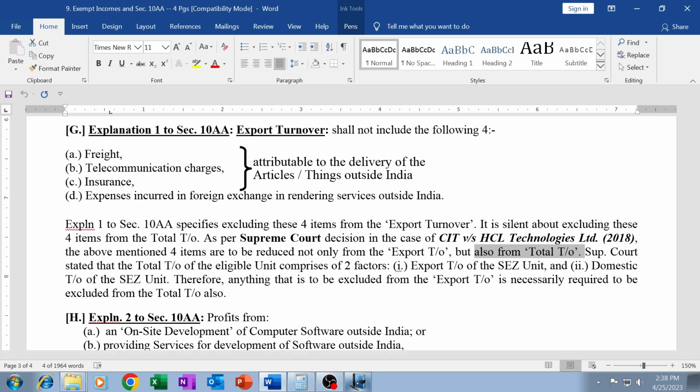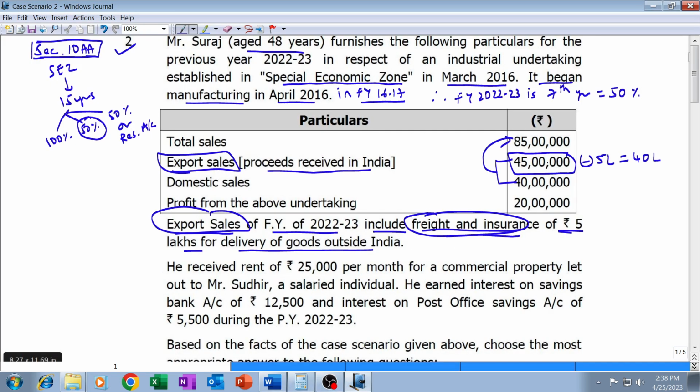Why? Because whatever is forming part of export sales or export turnover is a part of total sales also. If you observe, 85 lakh includes 45 lakh plus 40 lakhs. So in case you are reducing 5 lakh rupees from 45 lakhs, then that 5 lakh should be reduced from total sales also, and accordingly total sales will drop down to 80 lakhs. This is based on a Supreme Court decision, which is not covered in our syllabus, but still the institute has asked.